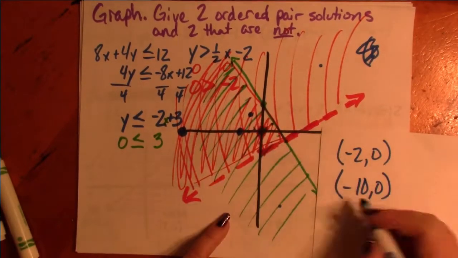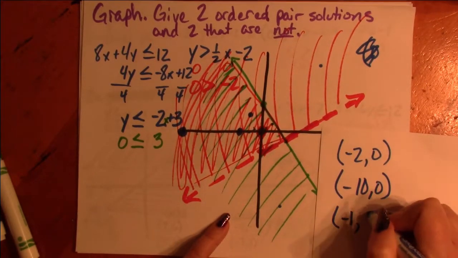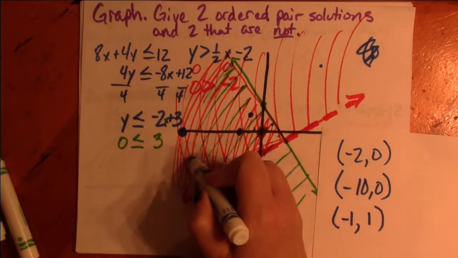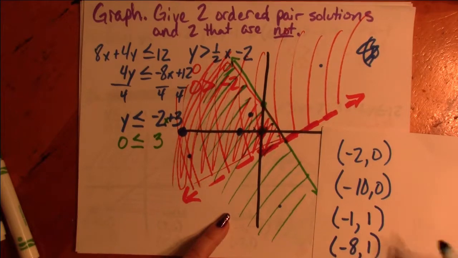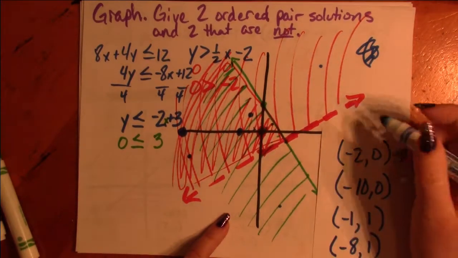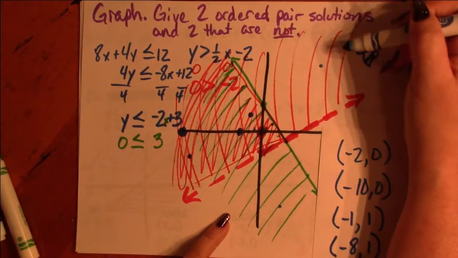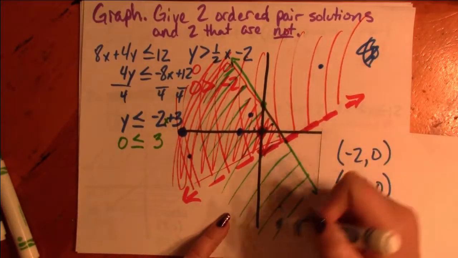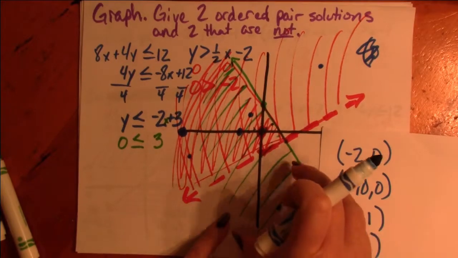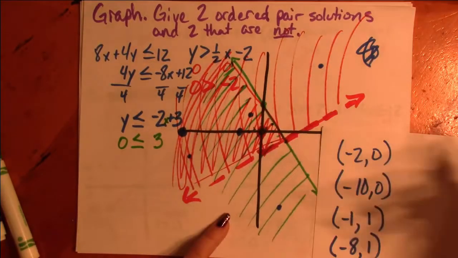We could pick something up here like negative 1, 1, or something over here like negative 8, 1, something like that. And when we're choosing 2 that are not solutions, we want to be somewhere over here. It could be here and it could be here because this solves this one but not that one, and vice versa.